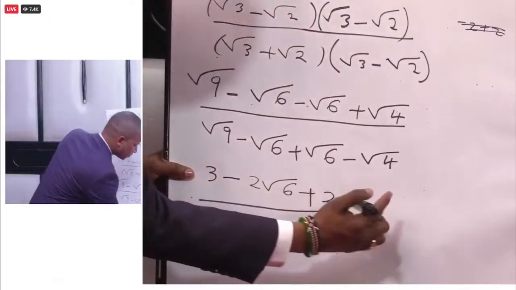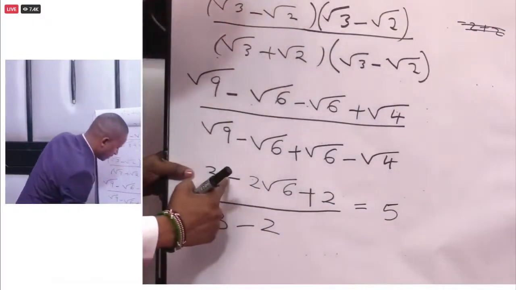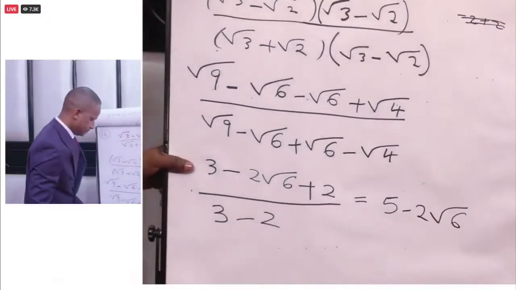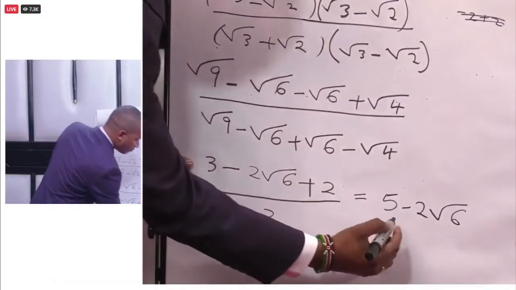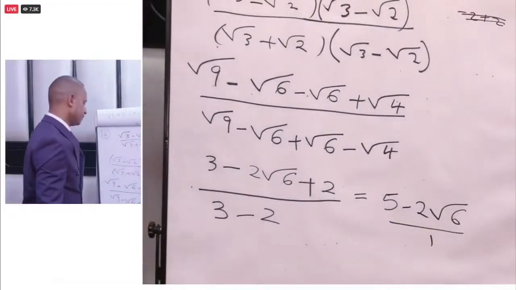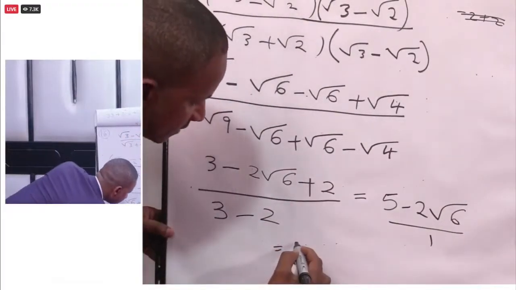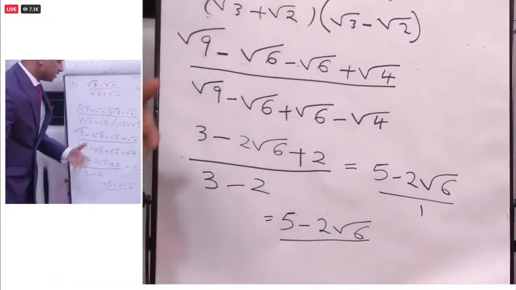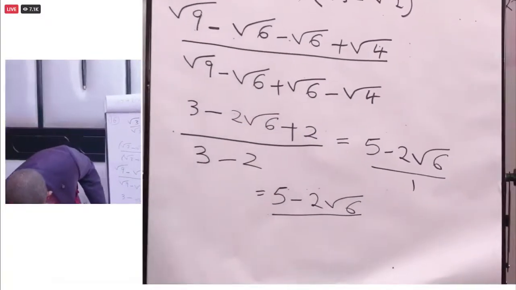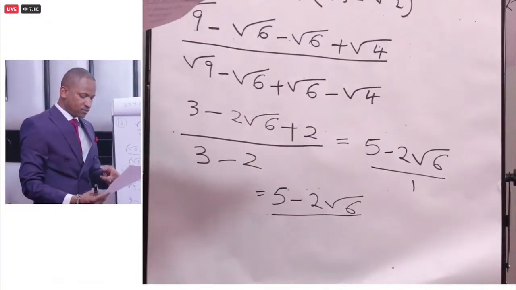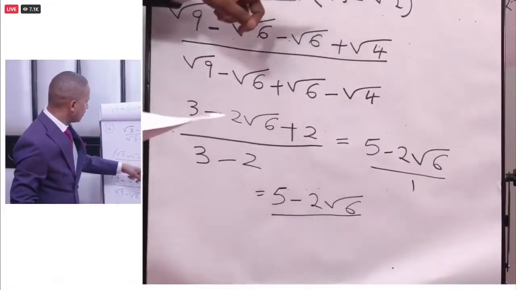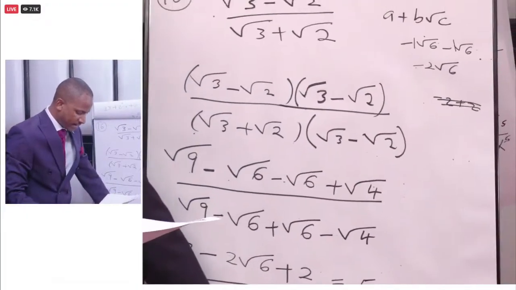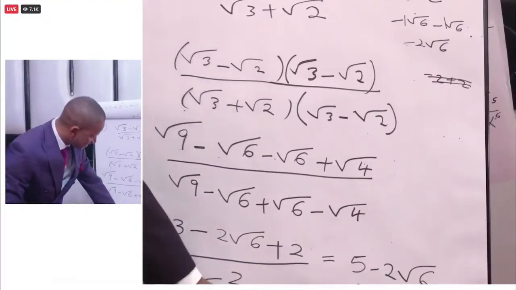3 plus 2 is 5. Then we have minus 2 root 6, divided by 1. So our answer here is 5 minus 2 root 6. But you've been told that you're giving your answer in the form of A plus B root C. This is in that form, where A, B, and C are integers.